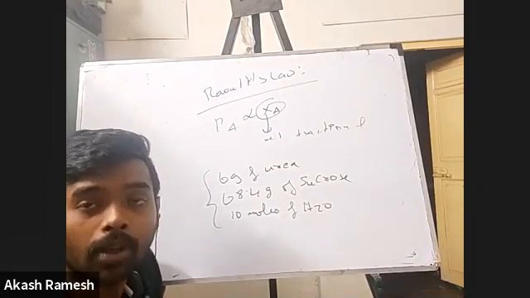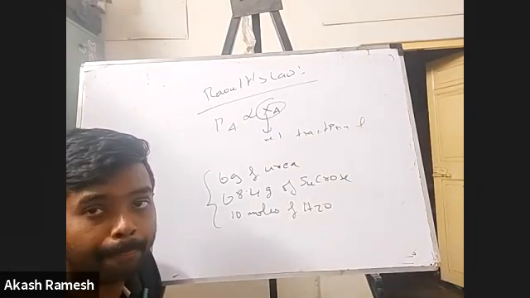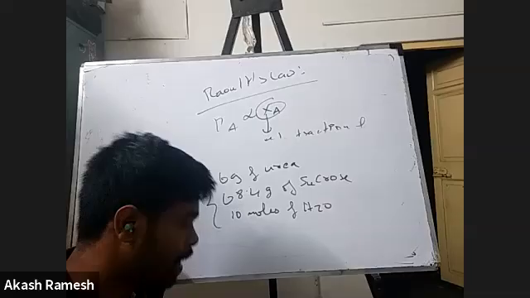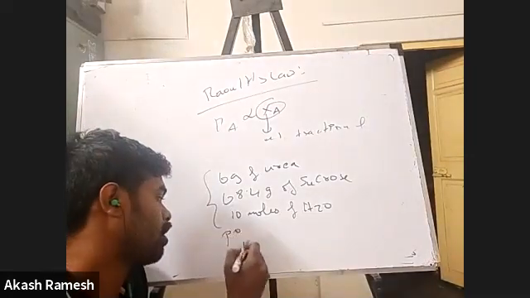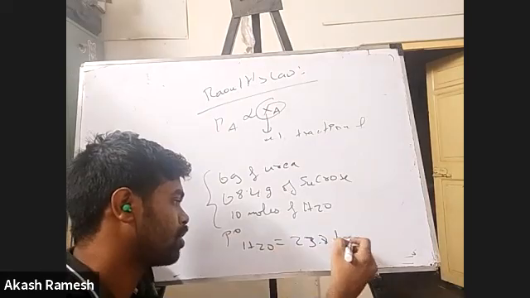Okay, and they've given you, when I have pure water, what is the vapor pressure? So what's the value of vapor pressure? So P naught of H2O is 23.8 torr. Okay, sir.